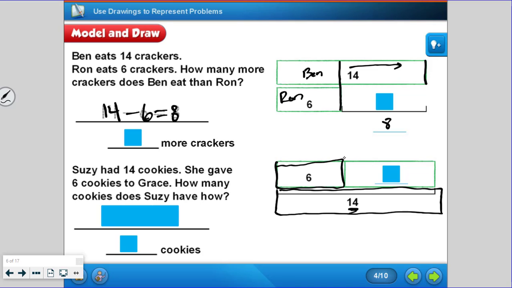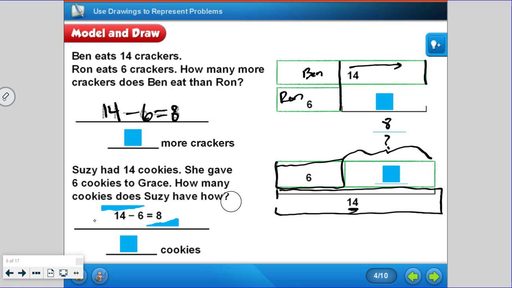So we want to find out this part here. We want to find out how big that part is. Okay? So it's just like the last problem. We've got 14, and we want to take away 6 to figure that out.